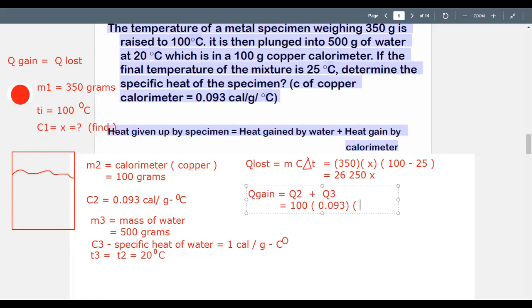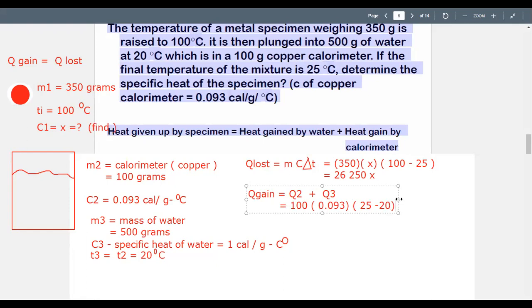Its change in temperature is 25 minus 20. For the colder material, which will gain heat, we write the final mixture temperature minus the initial temperature. Notice the difference above: we write the initial minus the final because that one is losing heat. But for those that gain heat, it is the final minus the initial temperature.